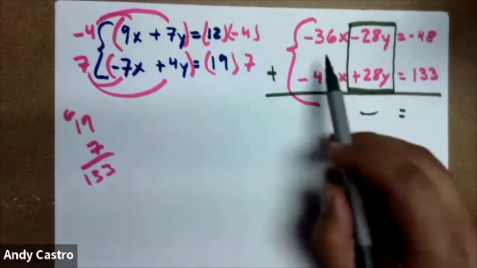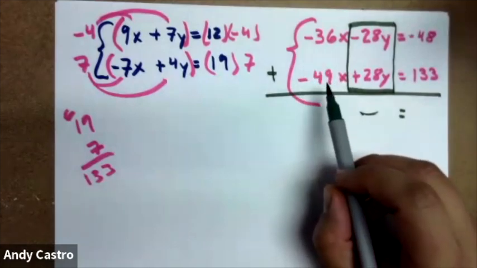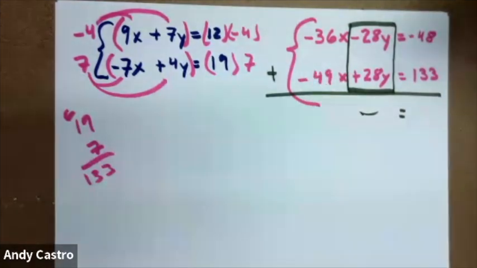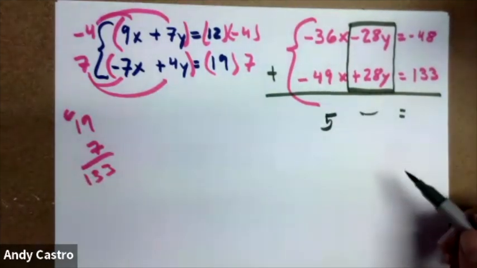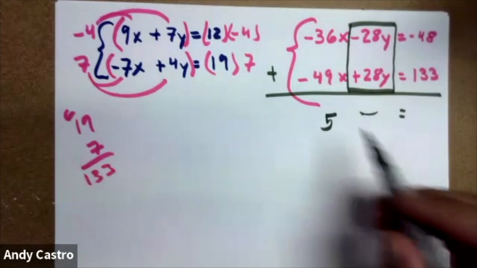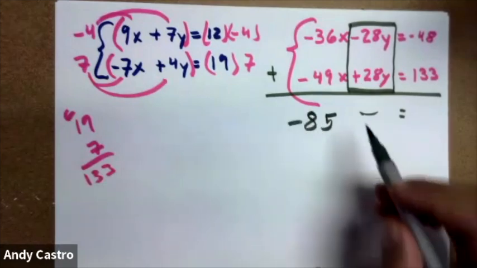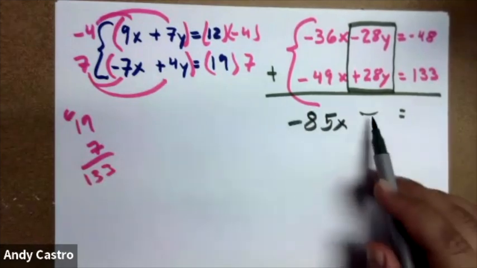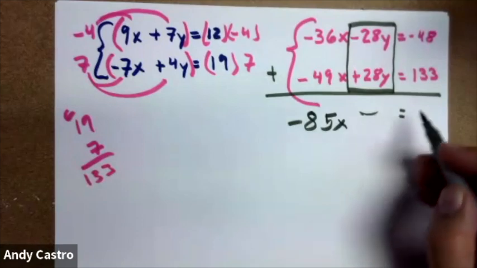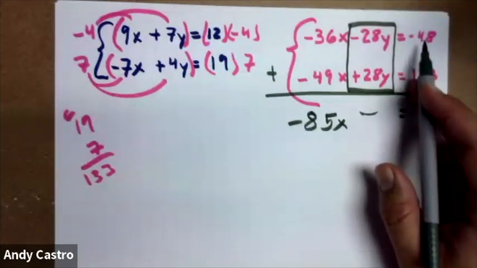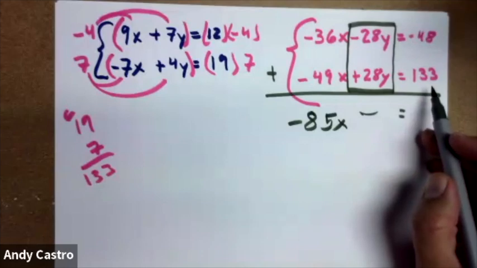All right, so negative 36 plus negative 49, it's going to be a negative 85x. Nothing there, equal to negative 48 plus 133.